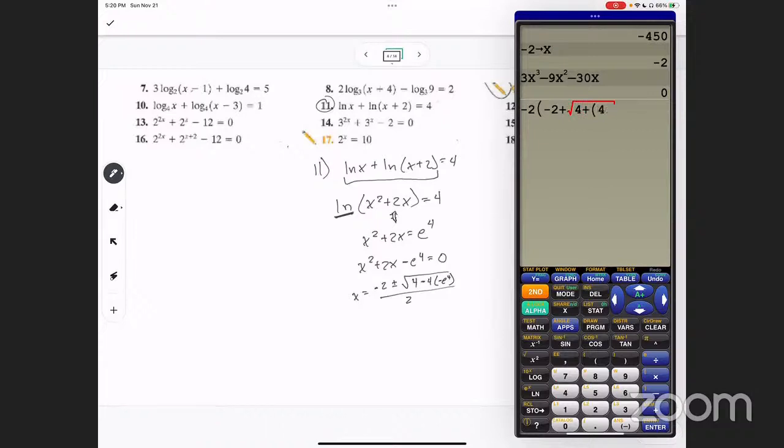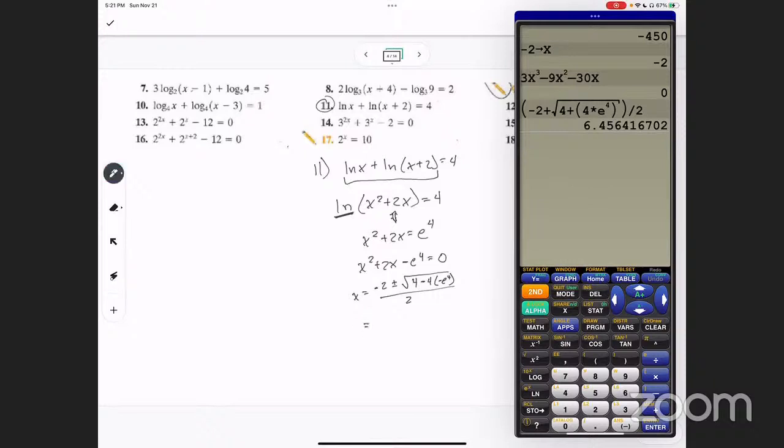So 4 plus 4 times e to the 4th. Got it? Negative 2 plus, and I'll also do the minus, 4 plus 4 times e to the 4th, divided by 2. Yeah. And so there's one of your answers.